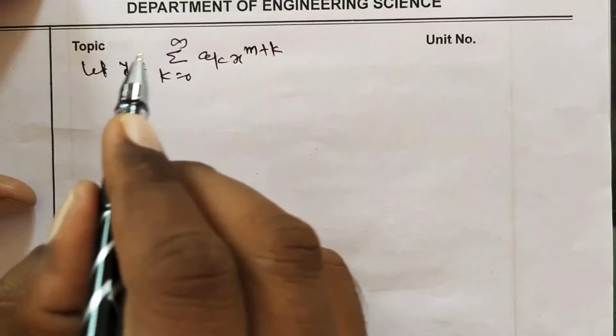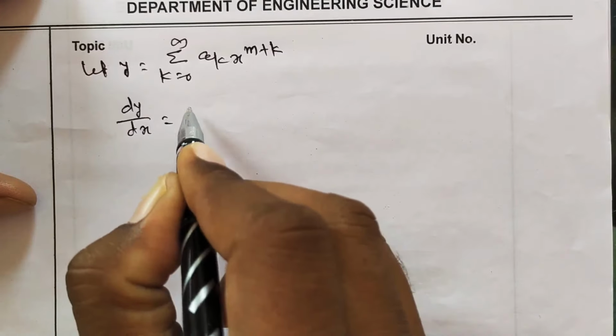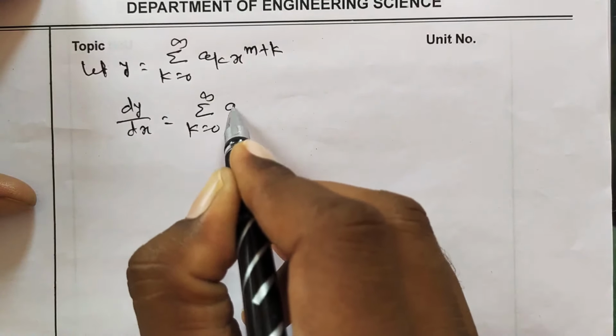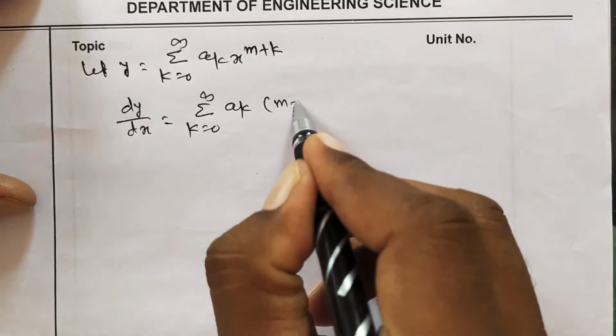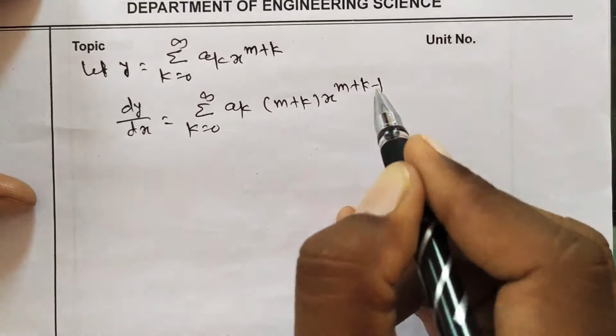But in that differential equation we have y, dy/dx and d2y/dx². So if you take y equal to this, then we write dy/dx. What is dy/dx here? Summation of k varies from 0 to infinity a_k, derivative of x^(m+k) is (m+k) x^(m+k-1).